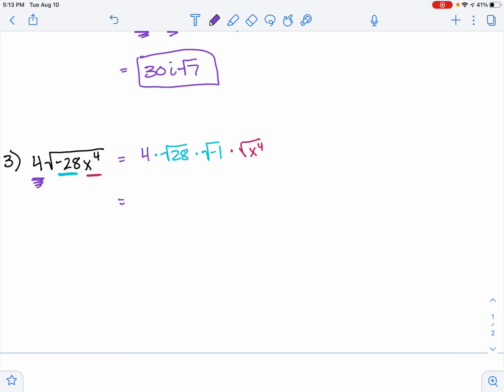Right now, there's nothing happening with this 4. It's just a coefficient that's out in front, so I'm going to bring it down.